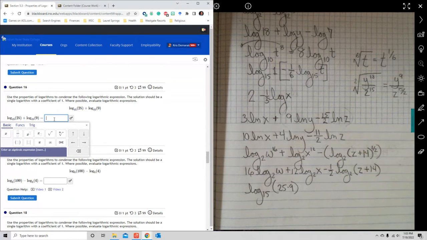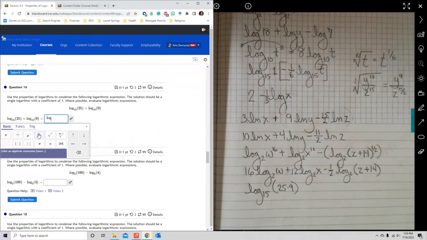I'm curious whether or not they'll accept that, so I'm going to put it in as log base 15 of the quantity 25 times 9.